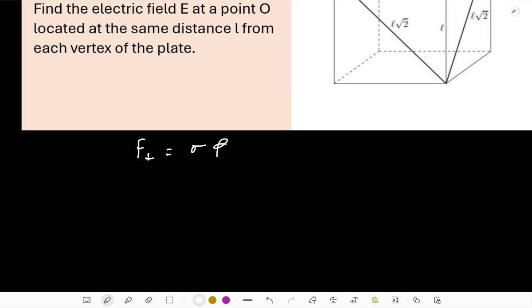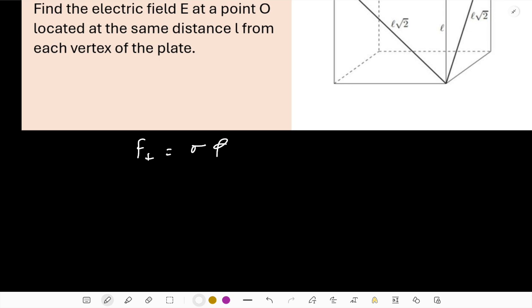And in that case, it feels a force normal to the plate, and this force we are going to call F perpendicular. So F perpendicular is basically the normal component of the force on the plate from the external electric field.